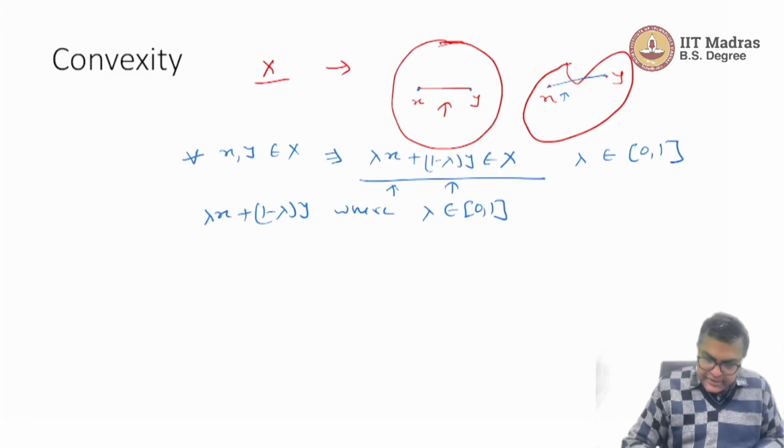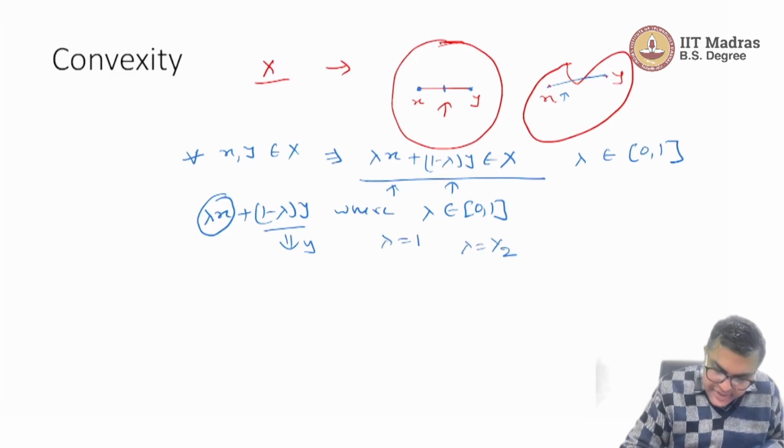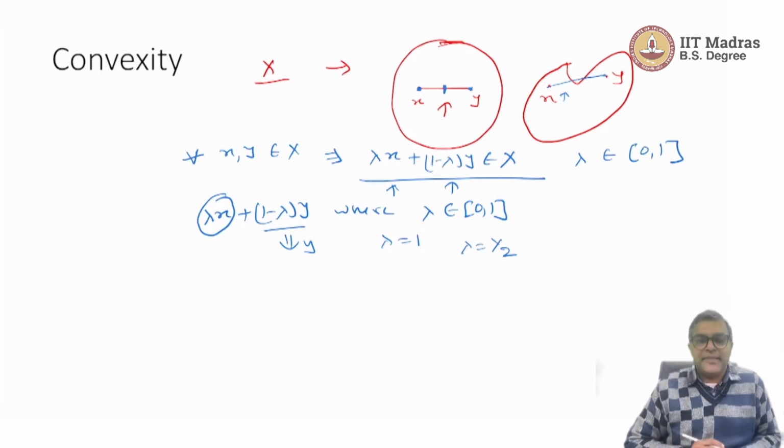We can check. If lambda is equal to 0, this becomes 0, this becomes 1. So, you are left with y, you have this point. If lambda is equal to 1, then you are at this point. If lambda is equal to half, then you are exactly at the half point in the middle.